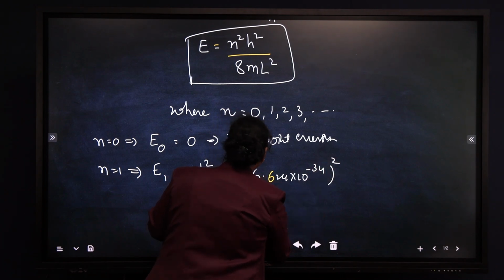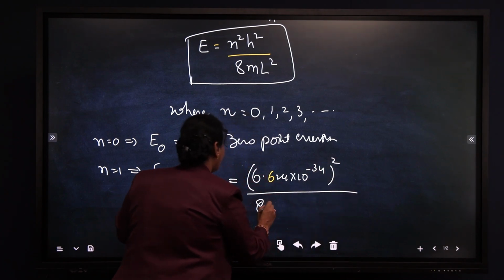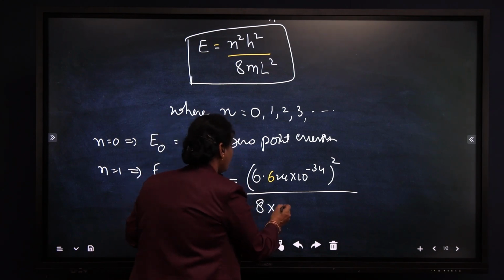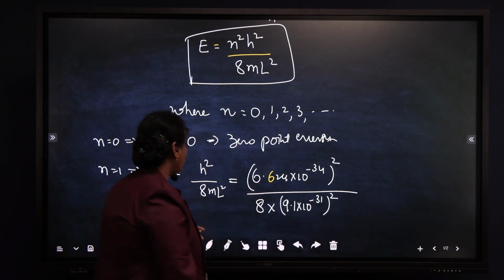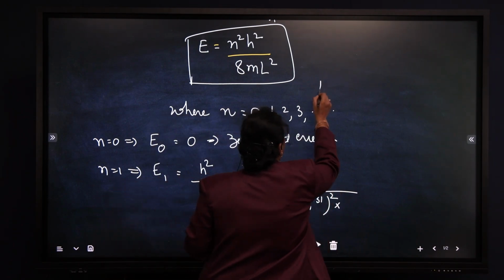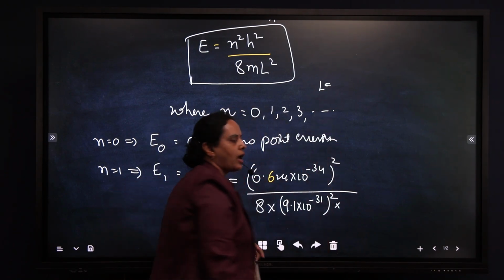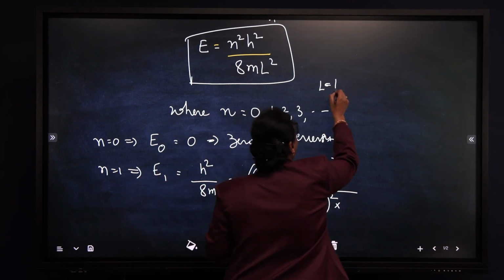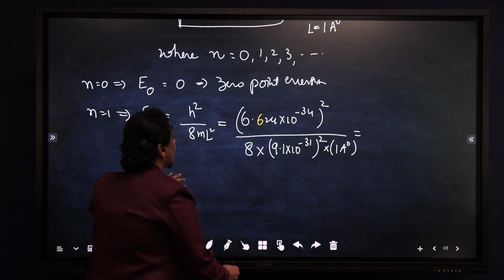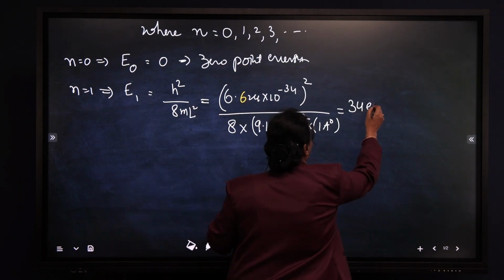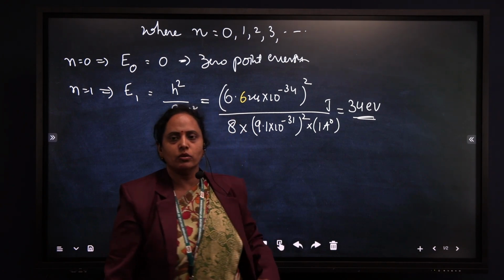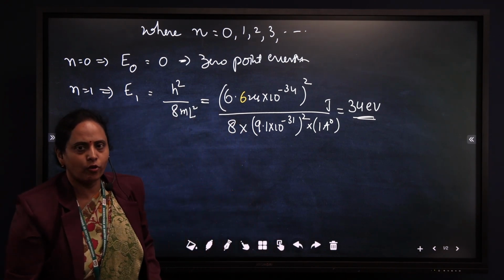If I substitute n is equal to 0, E naught is equal to 0, known as the zero point energy. For n is equal to 1, E1 is equal to h square by 8 ml square. Substitute the Planck's constant here, and m is the mass of the electron, 9.1 into 10 power minus 31, and L, the dimension of the potential well, let us consider as 1 angstrom. After converting from joules, this value comes out to be 34 eV.